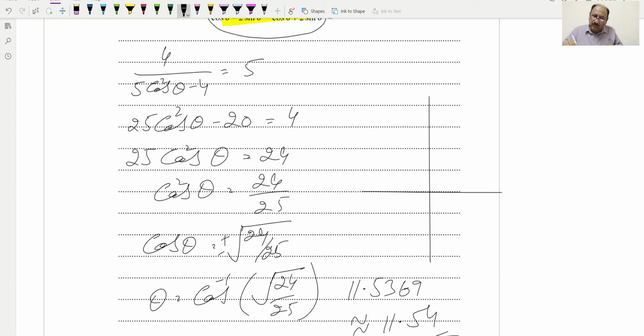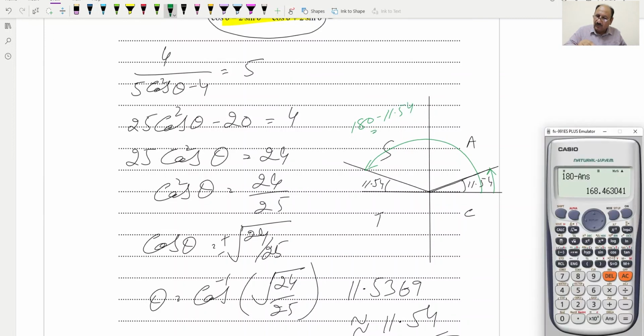So the other angle, the negative angle will be one angle, we can take this one, and the range is 0 to 180, so our one angle will be starting from here till here, 11.54, and the second angle will be up to this one, which is 180 minus 11.54, and 180 minus this answer is equal to 168.46. This will be the answer.